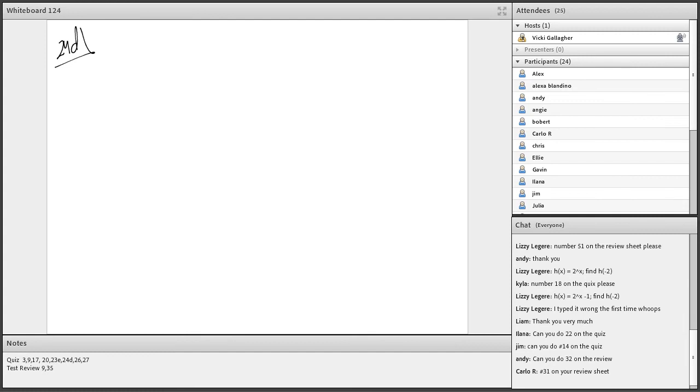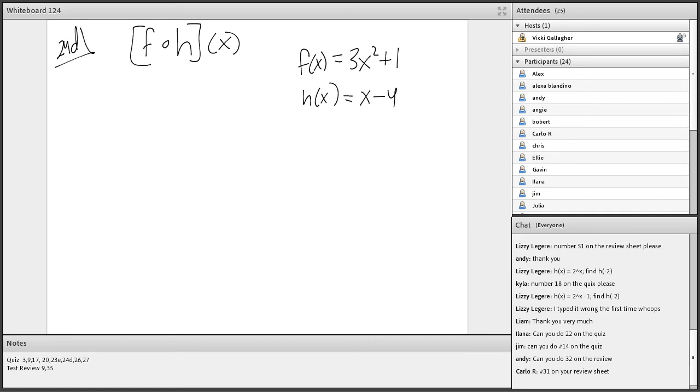All right, 24D says F composite H of X. And so I'm going to write them down on here. F of X was 3x squared plus 1, and H of X was x minus 4. I'm not going to write down the G of X because I don't need it for this problem. This problem does not have the letter G written anywhere in it.